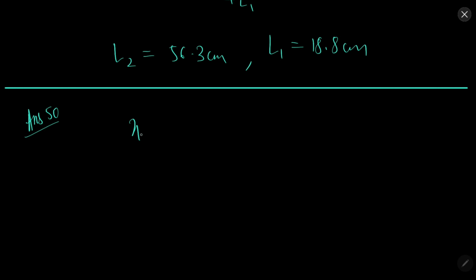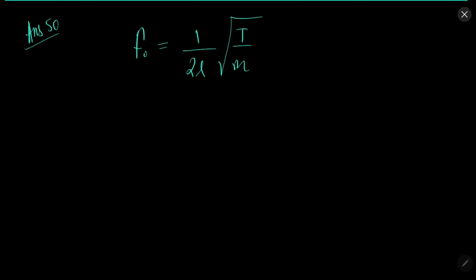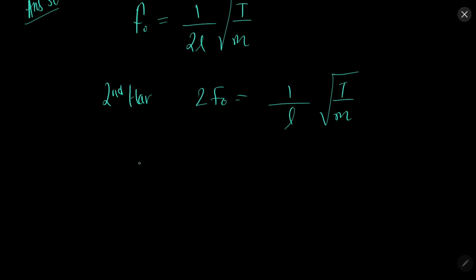So F0 will be 1 over 2L root T by M. Velocity is root T by M, tension over M. So for second harmonic, we will have 2 into F0, which will be 2 by 2L, that is 1 over L root T over M. So once we simplify everything, 85 hertz equal to 1 over 0.4 root T over 14.